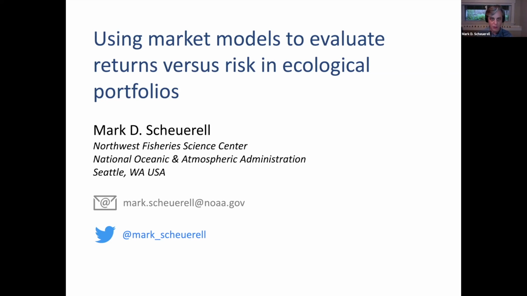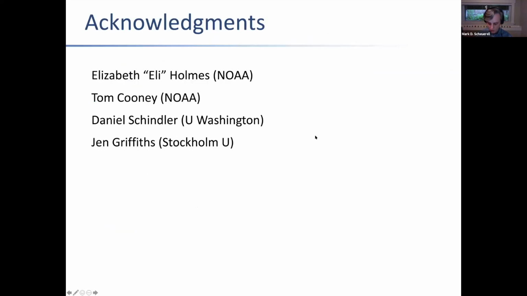So I'm interested in ecological portfolios as a general concept. And one of the things I've been thinking about is how you can use models from economics, where they build portfolios all the time, to apply those to ecological systems. So here's basically a really quick example of that.